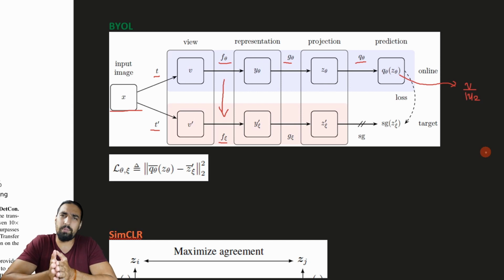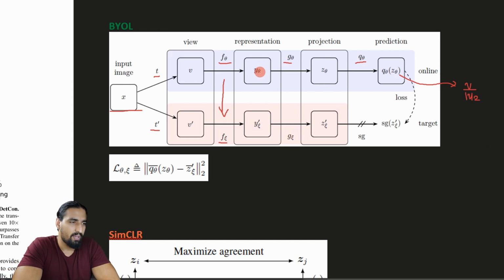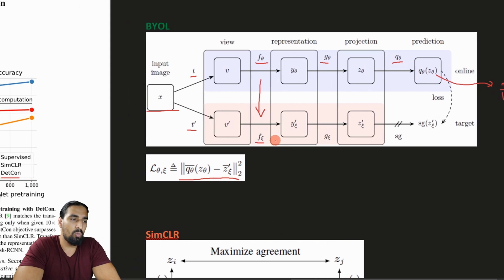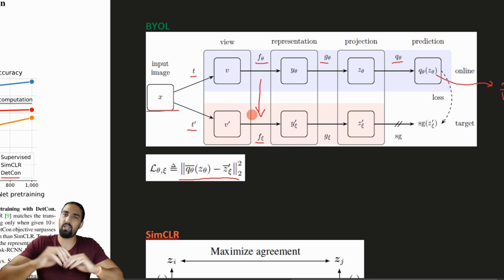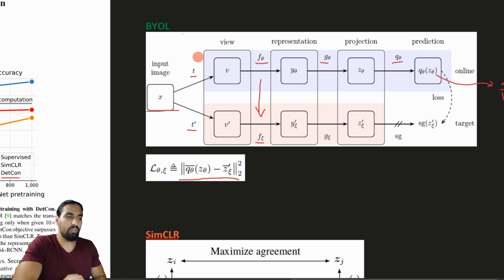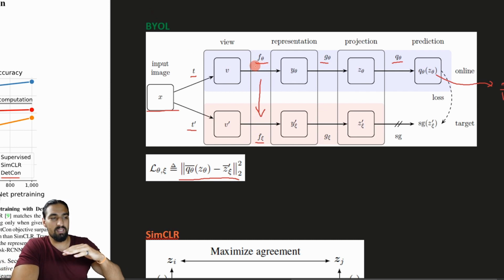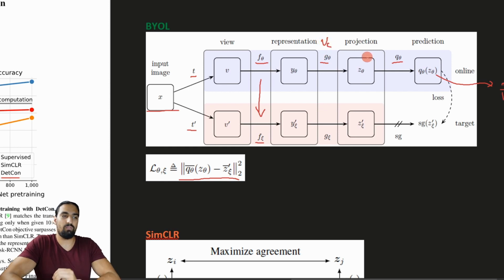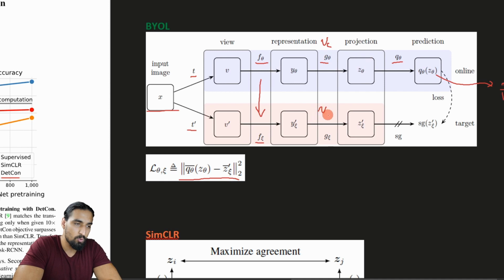So why would the collapse happen? Well, it's simple. The easiest, most trivial way to minimize this loss function is to always output a constant representation. So give me an image, whatever the image is, whatever the augmentations are, after you pass them through f theta, you get some constant representation. Let's call it VC, the constant vector. And you get VC here as well, at the output.